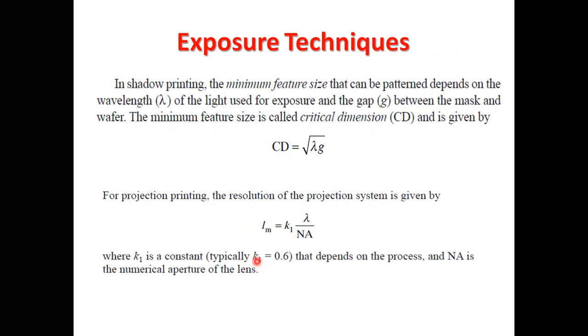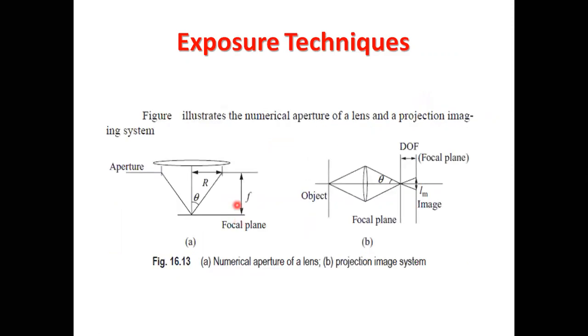All this depends on it, and the value of K1 is 0.6. Okay, now you can see this is the numerical aperture of the lens and the projection image system. All these are explained here. I hope this slide is also clear to all of you.